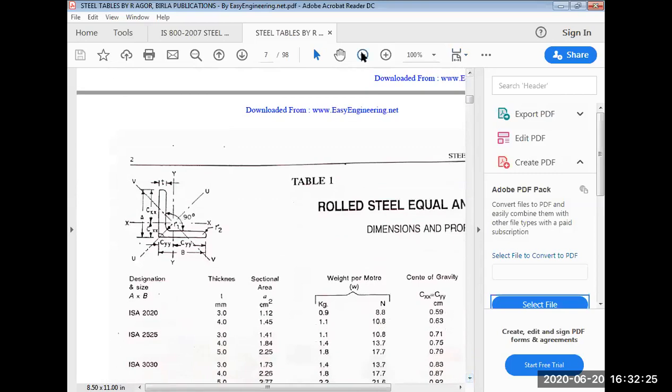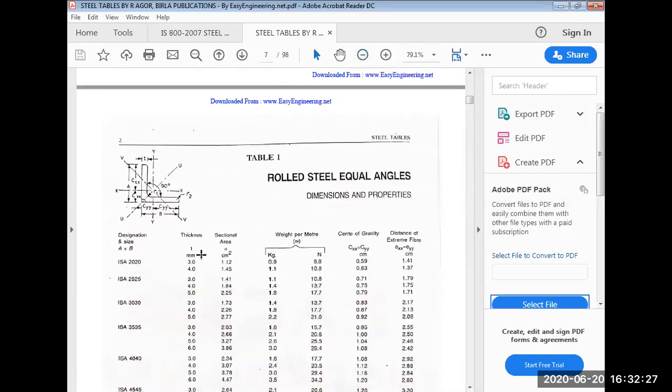Okay, now you can see here the angle section. This is the rolled steel equal angle. I have told you equal angle means the length of both the legs is equal.